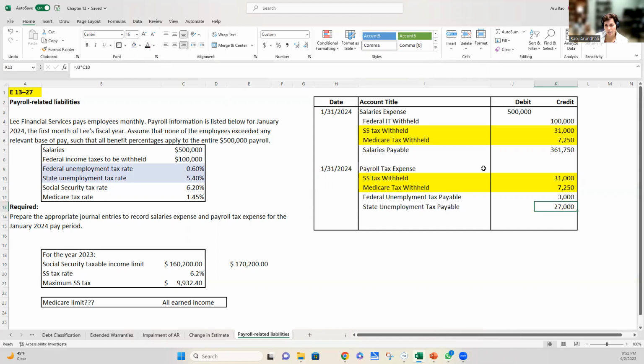That works out to 27,000. When you add up all these payables, by the way, these are all payables, it is 68,250. So what is the total cost for the employer? Payroll cost, salaries expense and payroll tax expense, when you put it together, it says 500,000 plus 68,250. That's a total expense for the employer.